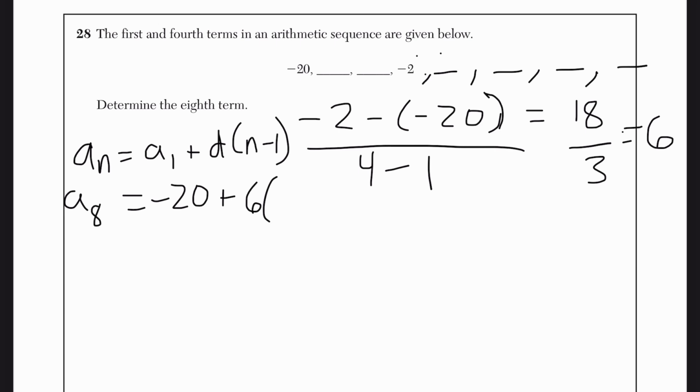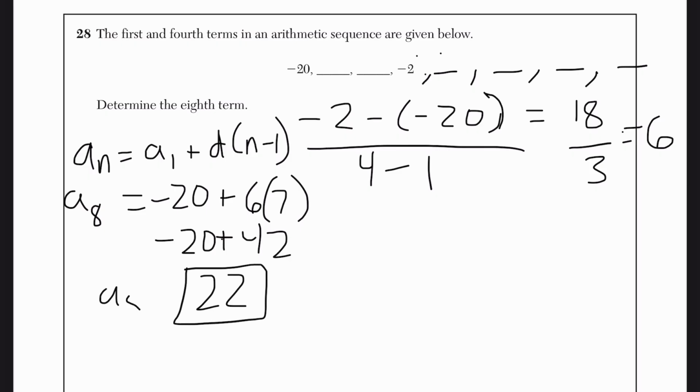So that means we're going to multiply 6 by 7, which will give us 42. And we'd get positive 22. Perfect.